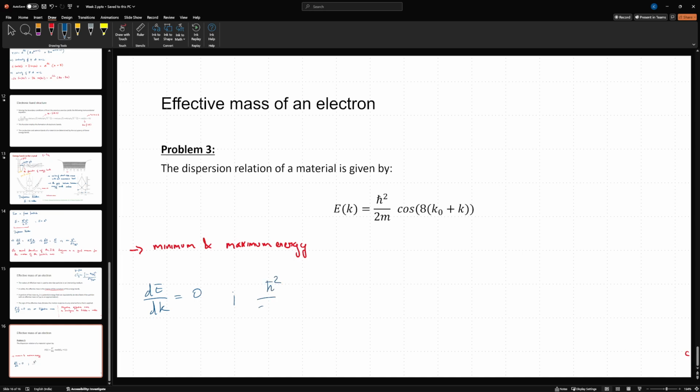So we have ħ² upon 2m times 8 into, of course, there is going to be a negative sign. Derivative of cos is minus sine, so that is sine of 8(k₀ plus k).